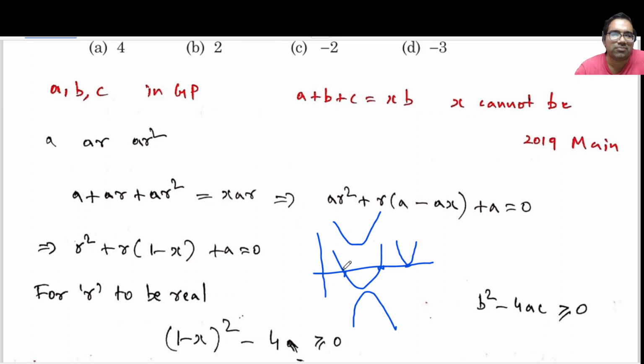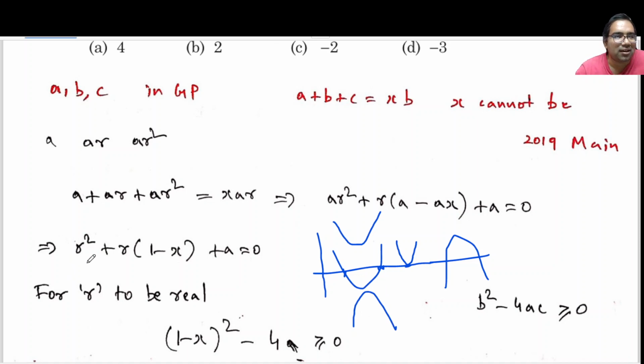If it is greater than 0, it touches at two different points, whichever way the graph opens. Whereas these other graphs are not touching the x-axis, so they don't have real roots. They have imaginary roots, and b squared minus 4ac for these graphs will be less than 0.